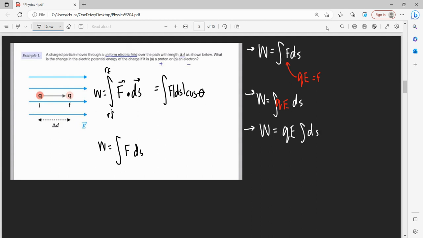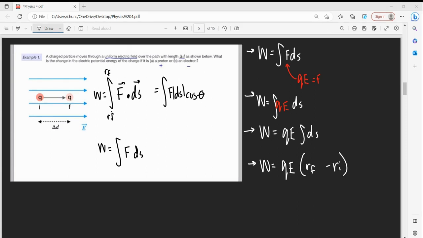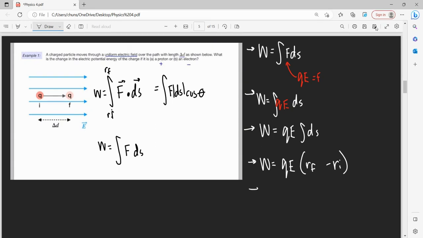And then this just becomes, within our integral bounds, r final minus r initial. Or we could call this work equals QE times our change in distance.